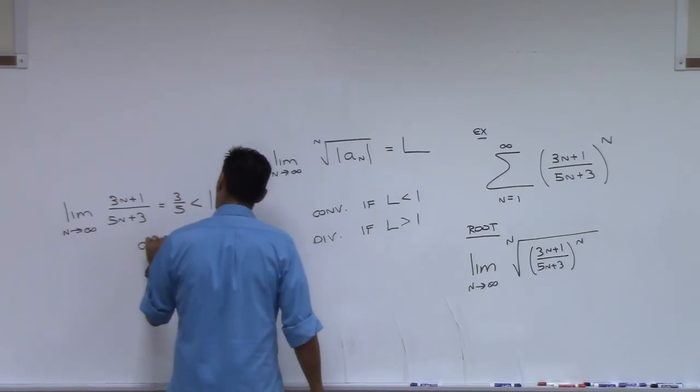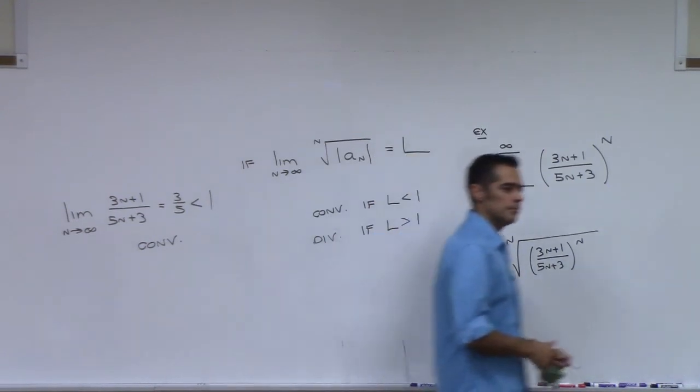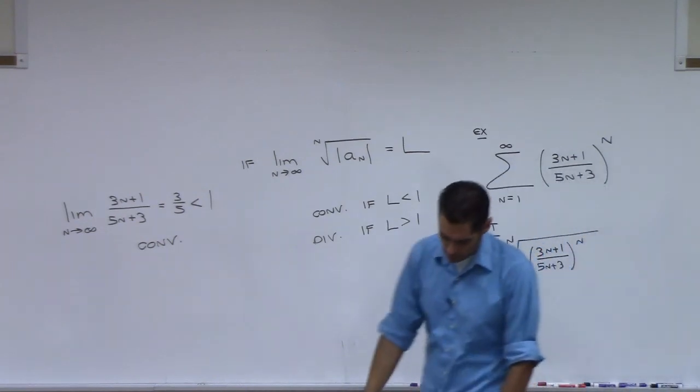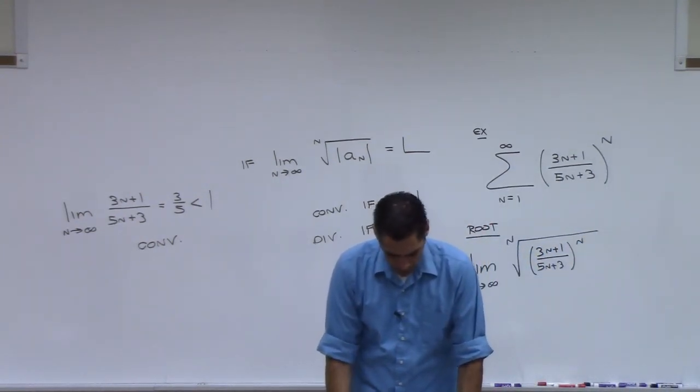Therefore, we get convergence by the root test. Isn't that a clean test? If you have something with the whole thing raised to the power n, I suggest you try that test.